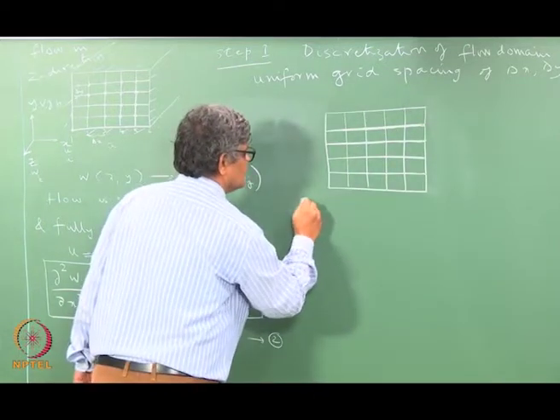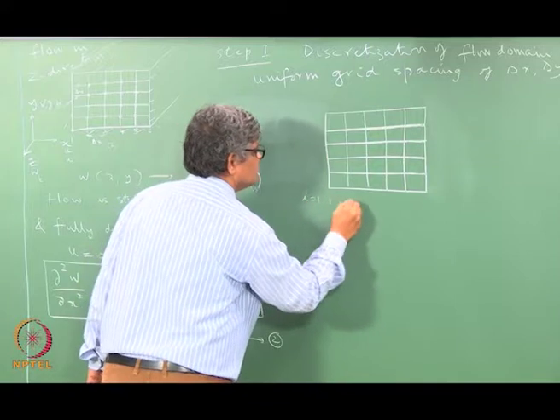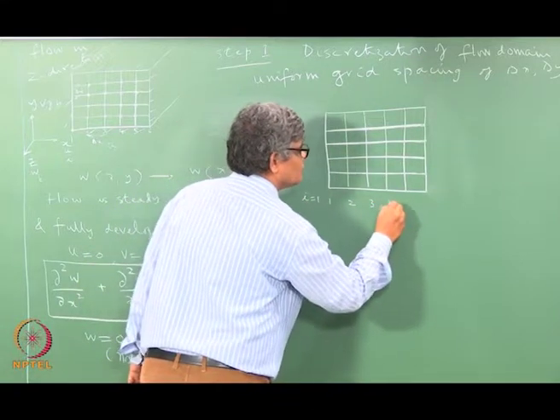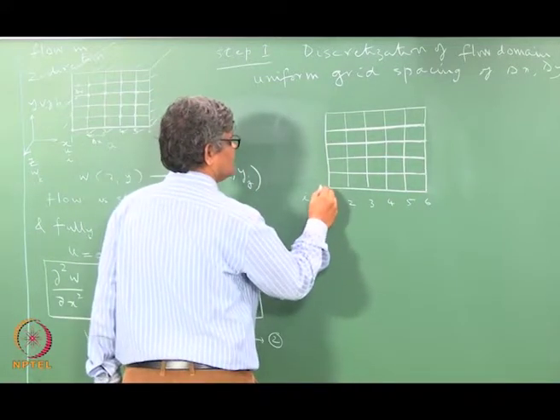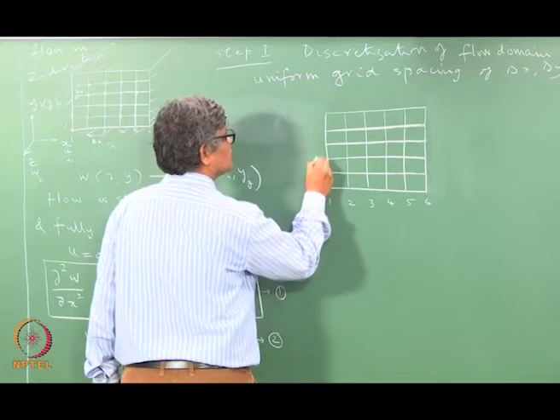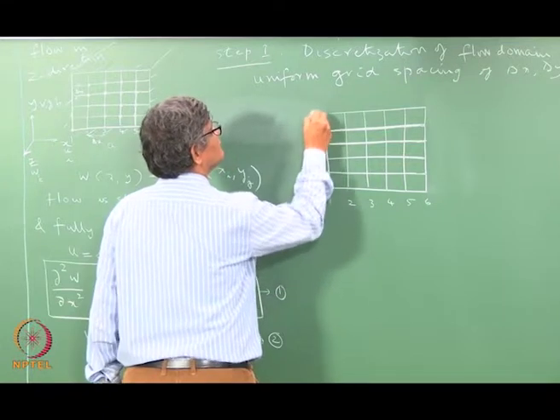So, we have i equal to 1, 2, 3, 4, 5, 6, and similarly j equal to 1, 2, 3, 4, 5, 6.